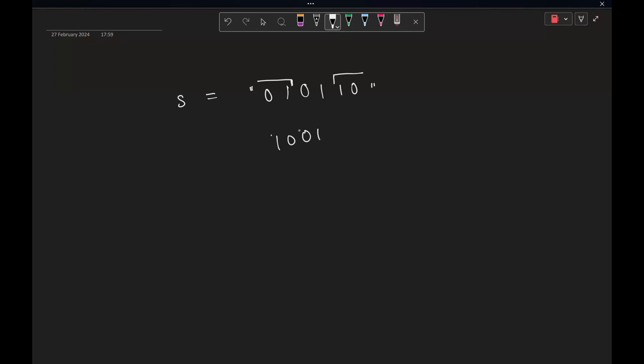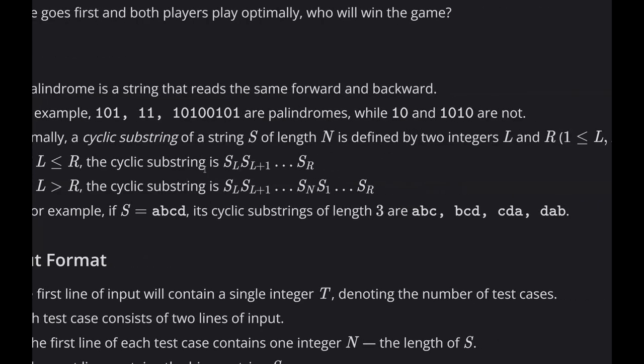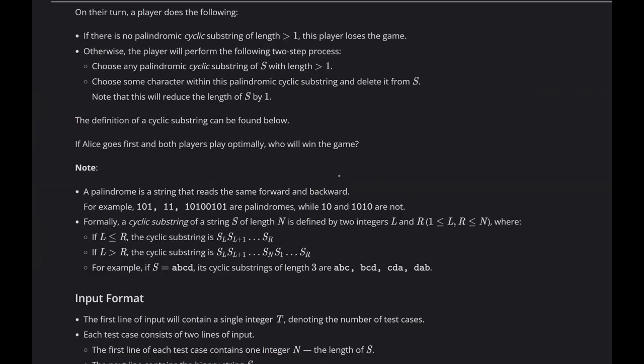And by the way, a cyclic substring can be a normal one also. We will include this string as well as a cyclic substring. So if along with being a cyclic substring, it is a palindrome also, then we will call it a palindromic cyclic substring.